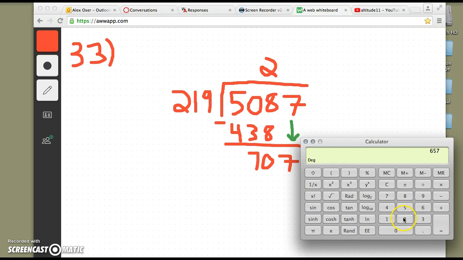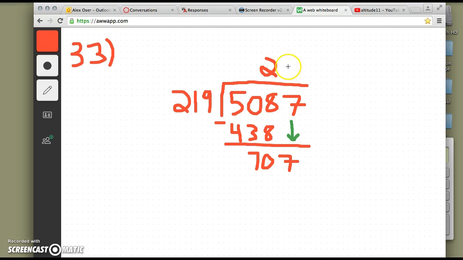Just so you can see, if we took 219 times 4, we end up with 876, which is over 707, and we can't go over. So we are looking for 219 times 3, which is equal to 657.